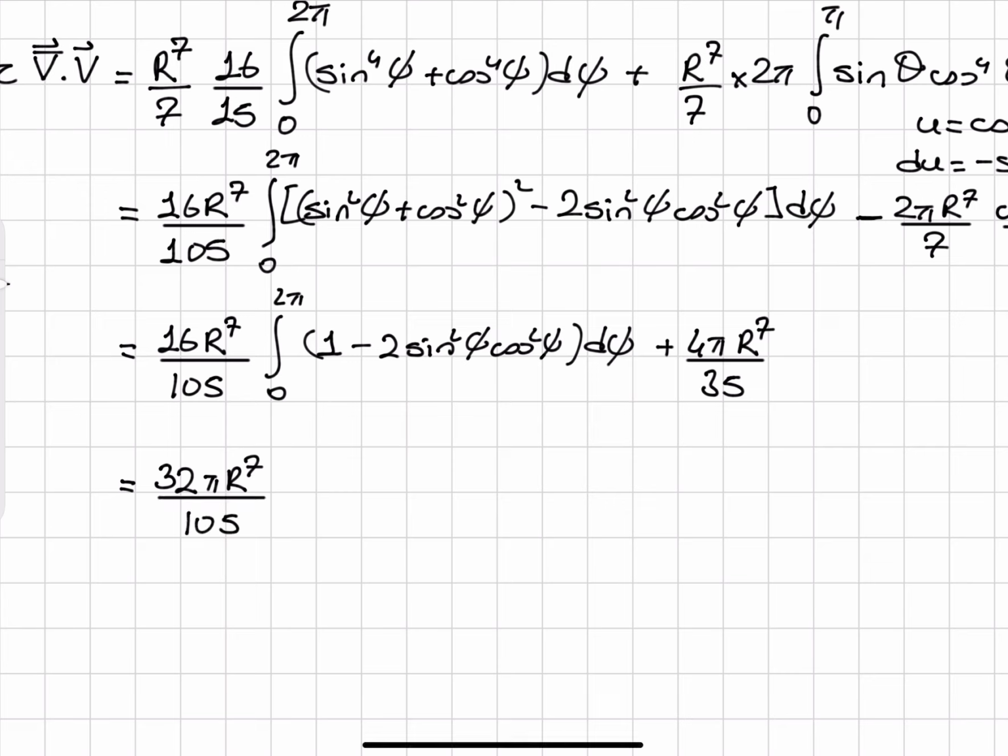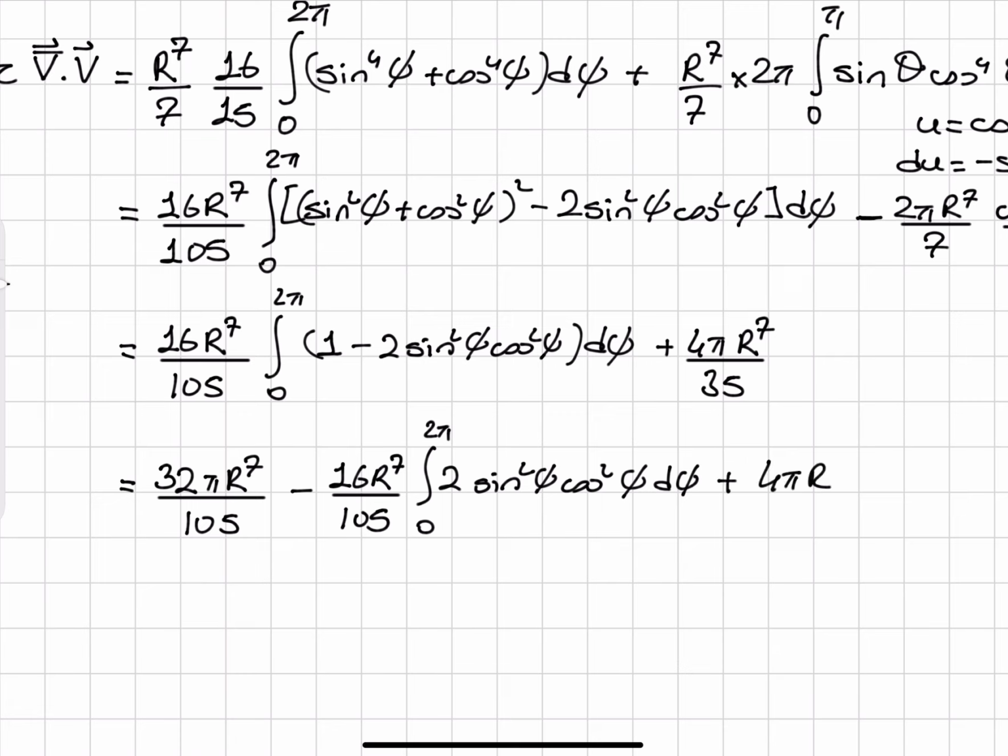And then I have the remaining integral minus 16 capital R to 7 divided by 105 integral 0 to 2 pi 2 sine square phi cosine square phi d phi, and then I have 4 pi capital R to 7 divided by 35. All right.